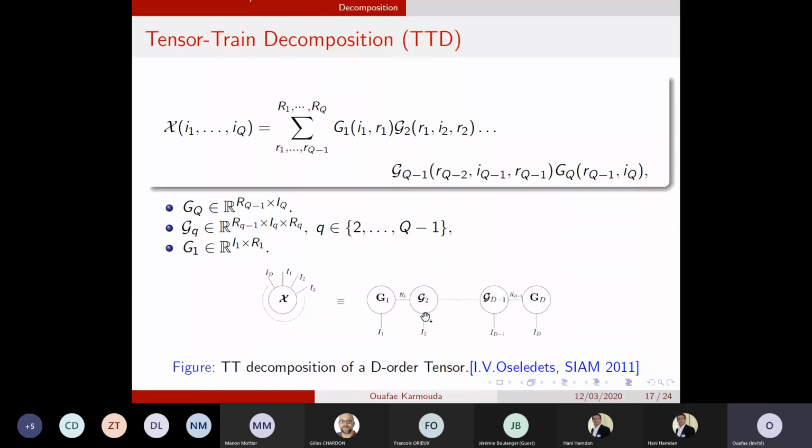So here we have the dimensions of the tensor, and R1 until R(d-1) are called the TT ranks of X. So element-wise, we say that a tensor X follows a tensor train model if each of its entries is given by the sum over the TT ranks of the product of these elements.